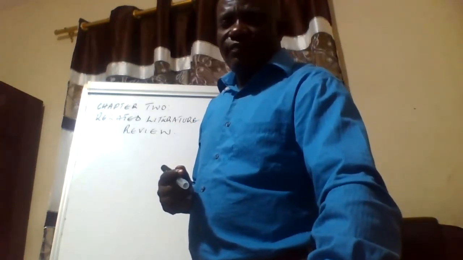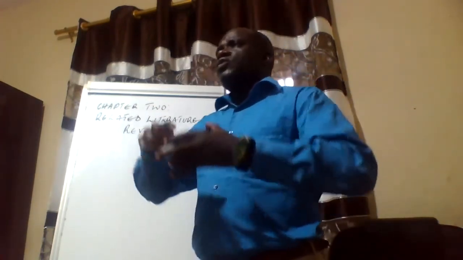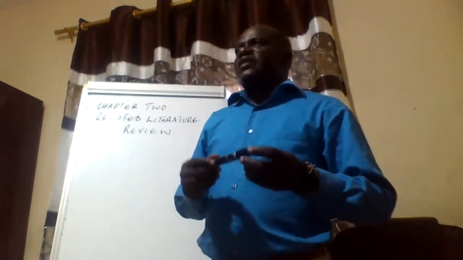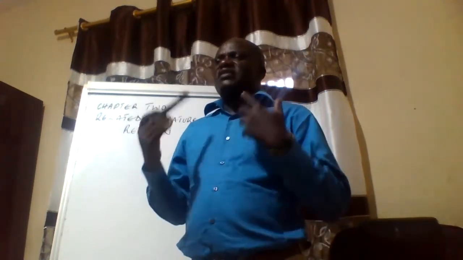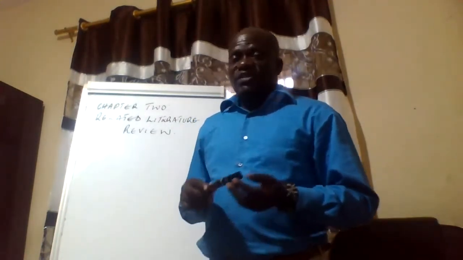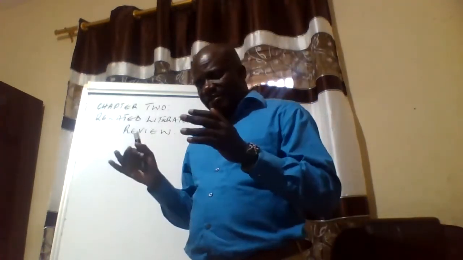Related studies. So what do we mean by this? Out of what you've read so far, you will find that there are similar researches, similar to the one you are going to do, that have been done in other countries, in other regions, or elsewhere. So it is very important you choose one or two related studies.